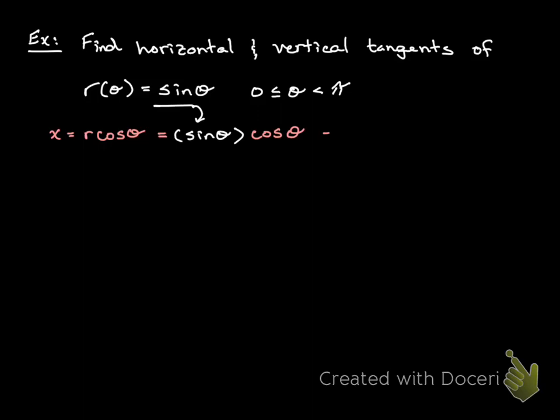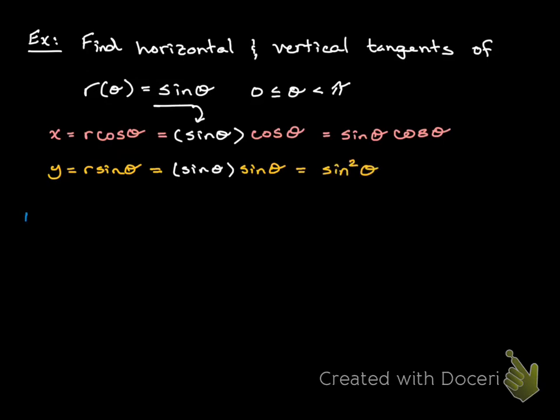So I'm plugging that r in for x. Okay, so I just have sine theta cosine theta. And y is equal to r sine theta. If r is sine, then y is just sine squared of theta.